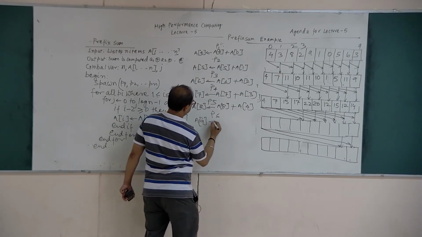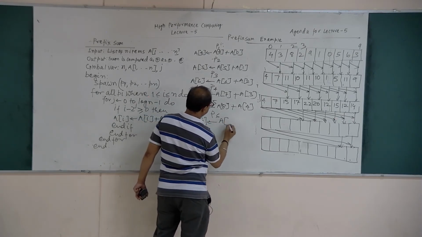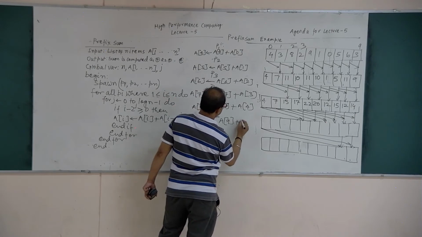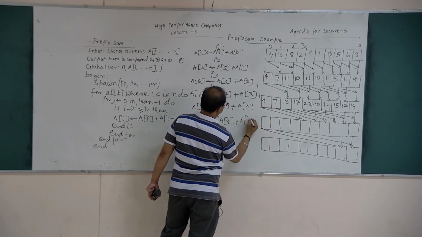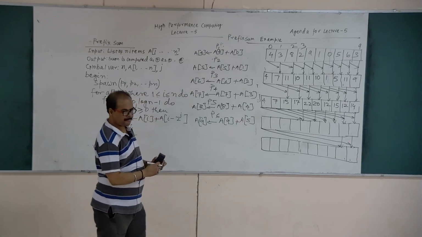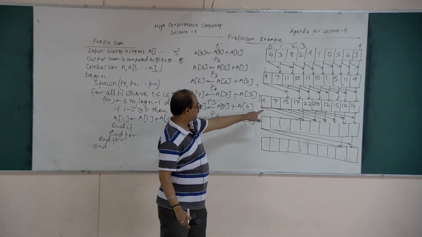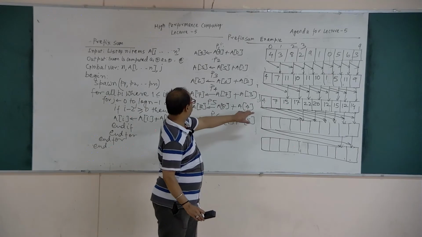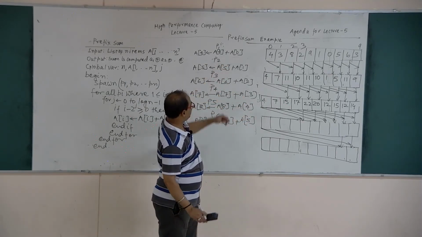At location A9 it is adding A9 plus A5. Is it clear? So now in the next step we add A0 with A4.